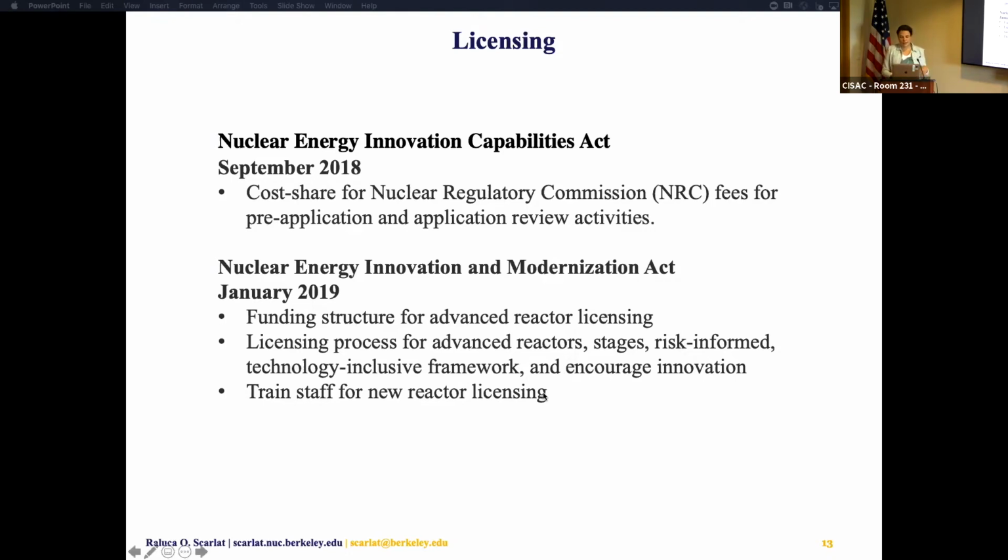And then the last and very important point that I outlined here is the staff. The staff and the knowledge of the institution about the new technology is essential to licensing a technology, because their role is to be an independent evaluator of the safety evaluation.